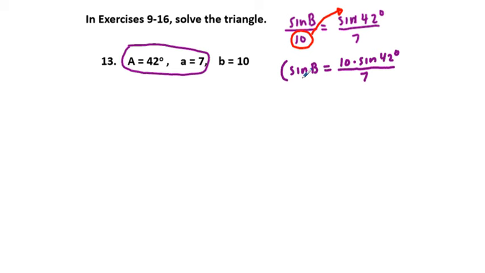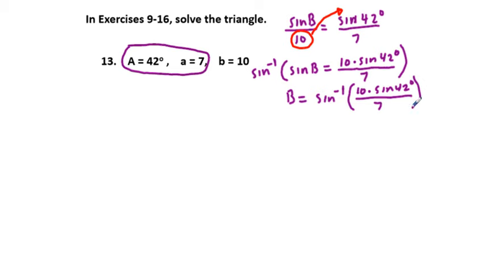Taking the inverse sine to solve for B, we have B equals inverse sine of 10 times sine 42 degrees over 7. Okay, and now going to our calculator.